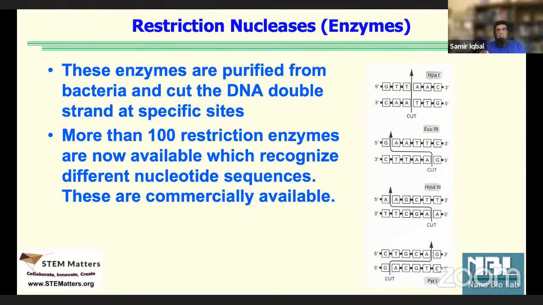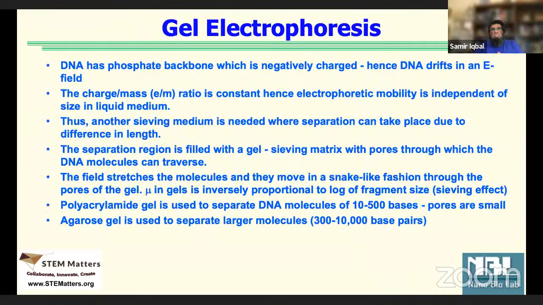We know many restriction enzymes that are used exactly for recognizing different sequences of nucleotides and then cleaving it there, to cut it there. And we use that to let the DNA travel, which has a phosphate backbone that is negatively charged, and hence it travels in the electric field, and charge to mass ratio tells us how far it goes.